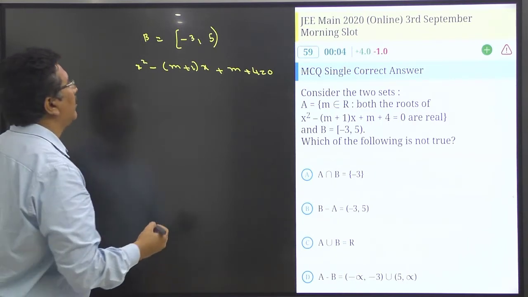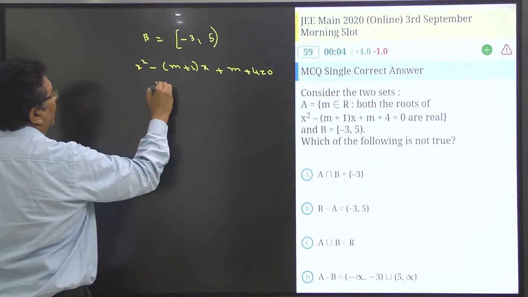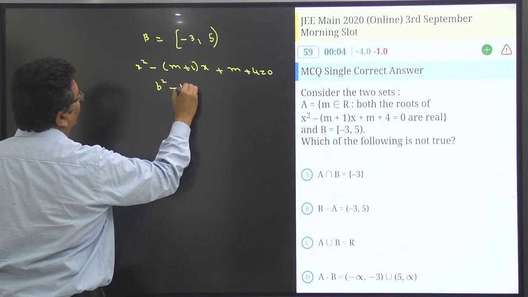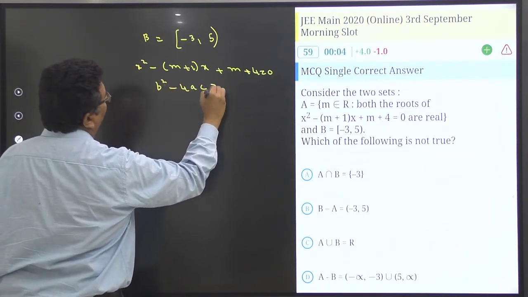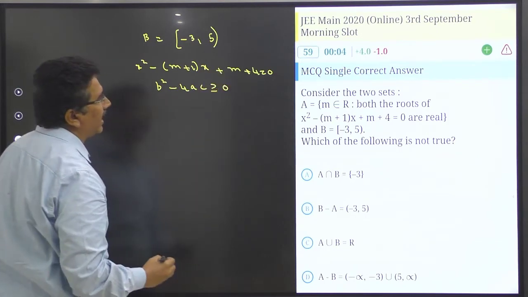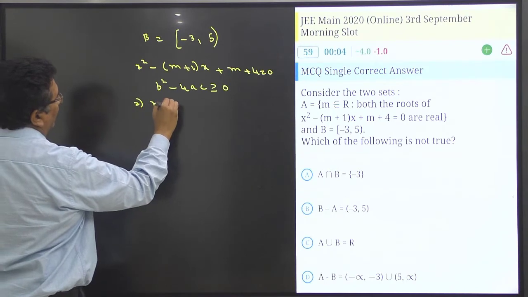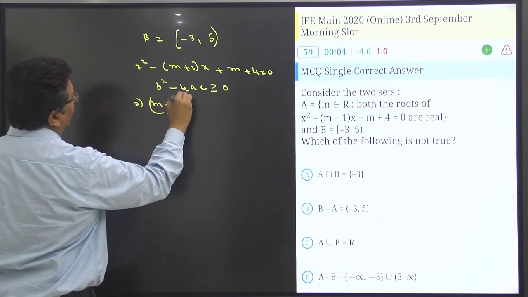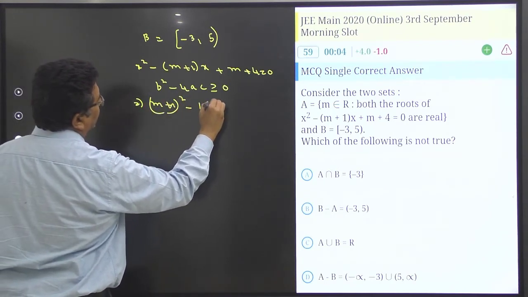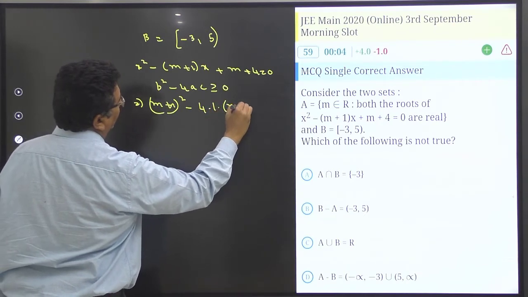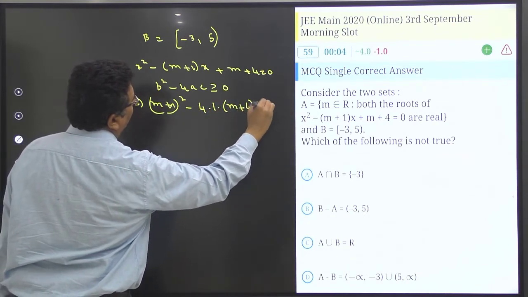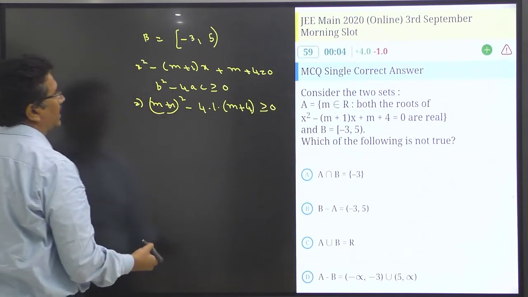It means that b square minus 4ac is greater than or equal to 0. That implies (m plus 1) whole square minus 4 into 1 into (m plus 4) is greater than or equal to 0.